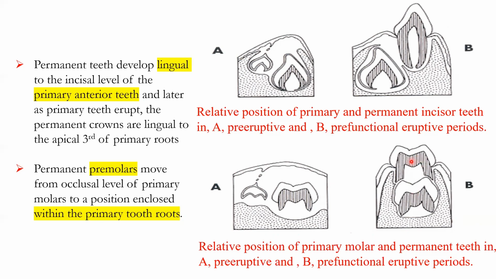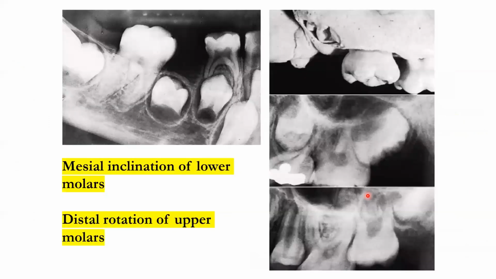Premolars replace the primary molars, and the permanent molars erupt individually. They're not successional teeth. They do not succeed any existing teeth. They erupt from the distal lamina. Okay, remember that. So this is a premolar tooth germ which goes right underneath the primary first molar and second molar.